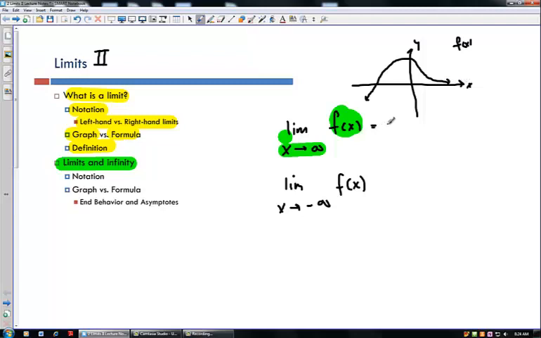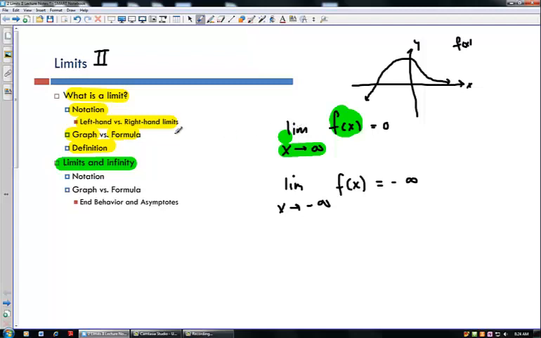So this would be equal to 0. Whereas at negative infinity, it looks like it continues to go down. So as you go to the left, the graph continues to go down, down, down forever. So we'd say it equals not positive infinity, but negative infinity, because it's going down forever. So that's sort of the two types of limits we're going to work with today.